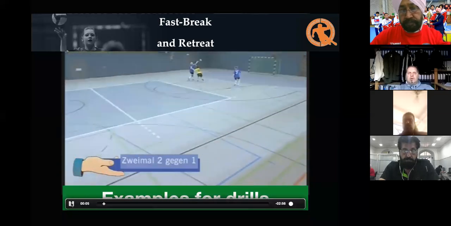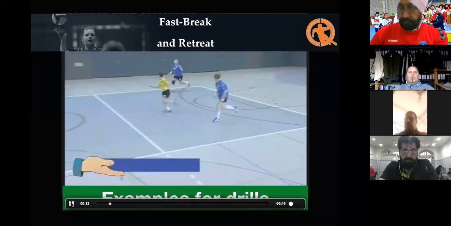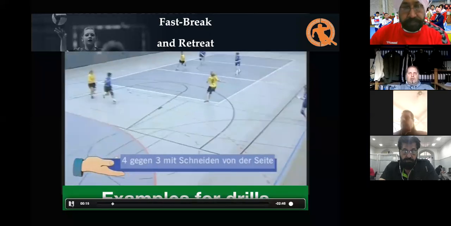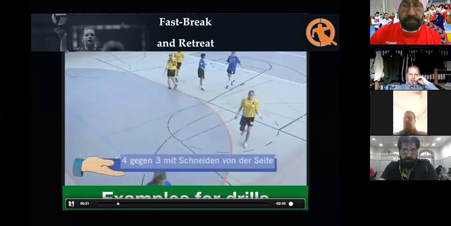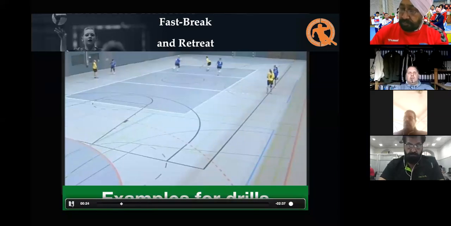Pass or dribble the ball. So now when those players move over the center line, the 2 attackers in front, in the wing position, will start. So finally, it's a 4 against 3 situation.